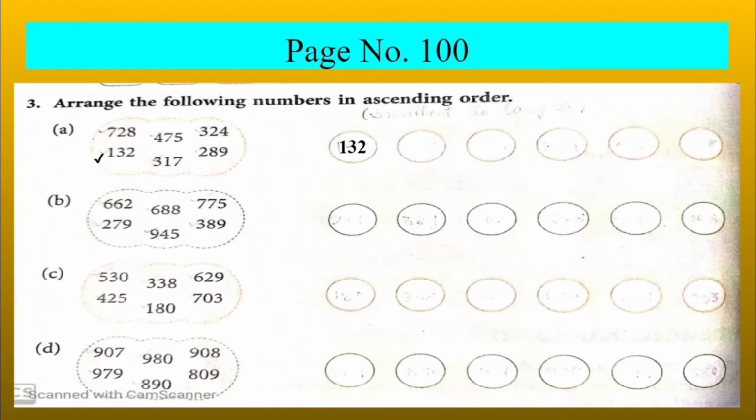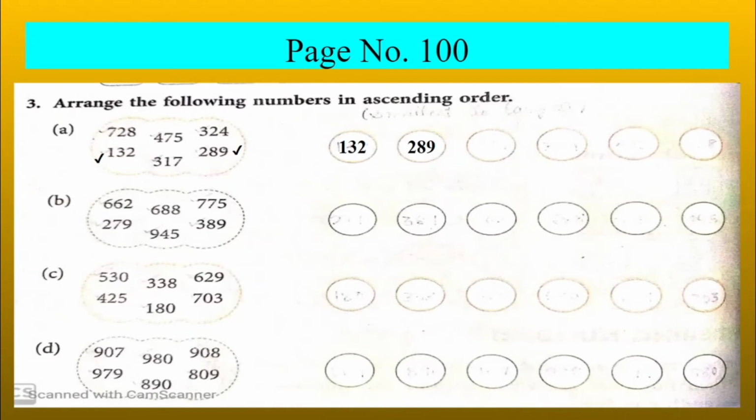And we'll start to arrange in ascending order. Now we are left with 5 numbers. Which among the 5 is the smallest number? 289 is the smallest among the 5 numbers. So we will write 289 after 132.